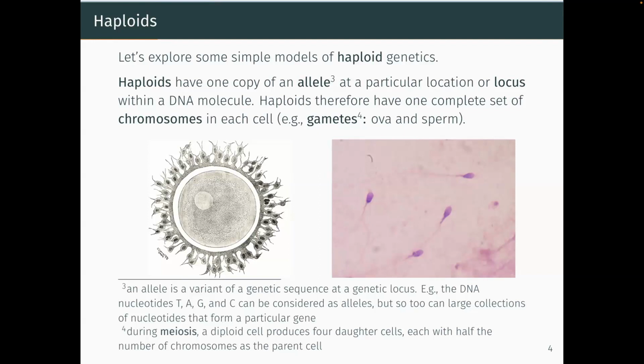Also in things like Hymenoptera, so ants, wasps, bees, sex is determined by whether individuals are haploid or diploid. So they're called haplodiploids. Unfertilized eggs grow up into being males and they're haploid, and fertilized eggs, when they're laid by the female, by the queen, end up growing up into being diploid females. So there's lots of weird stuff that goes on related to whether things are haploid and diploid.